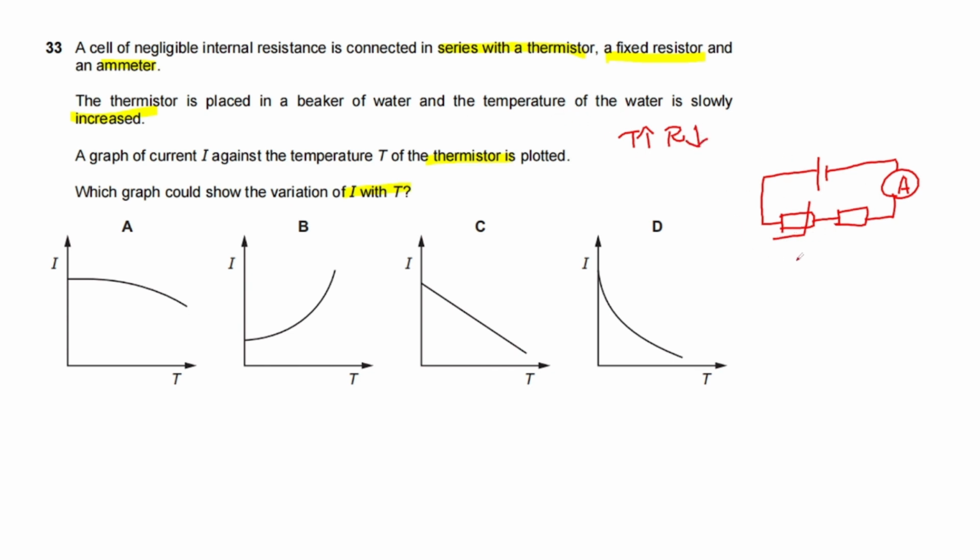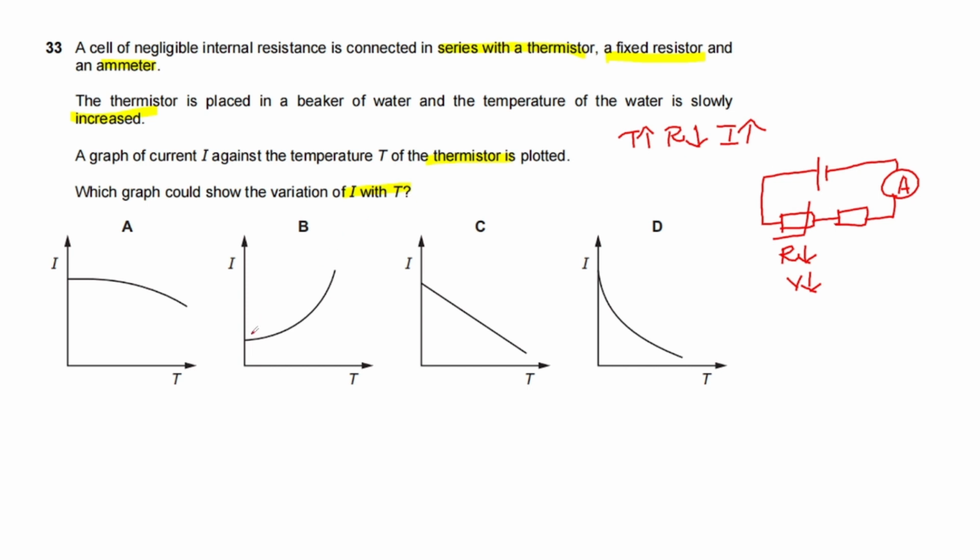So the resistance in this case would be decreasing, so the potential drop across it would also be decreasing, right? So more current will pass. Since the resistance is low in the series circuit, the current passing would be greater. So the current will increase as the temperature increases.